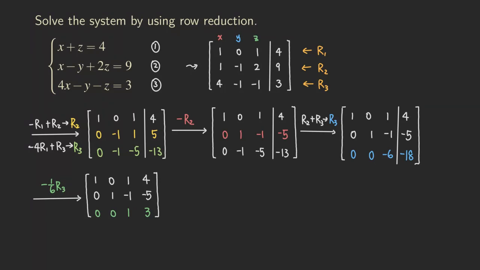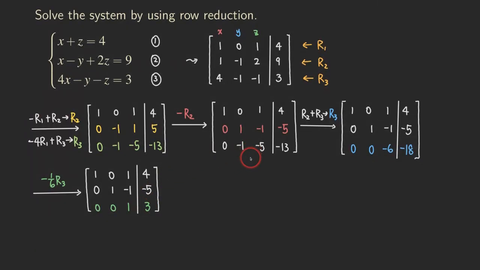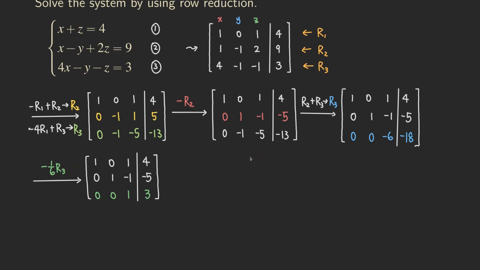And then let me just put the bar to separate. Okay, so now you can stop here. You can stop here in general. So you may say, what do we do then? What do we do? You can rewrite this back as a system of equations, which will now look like this.